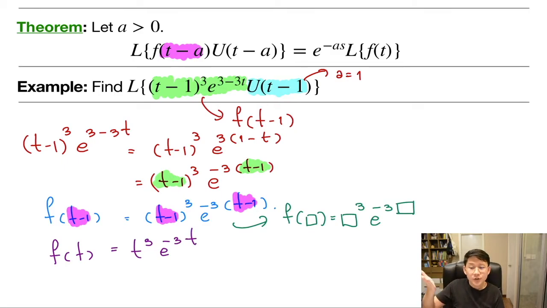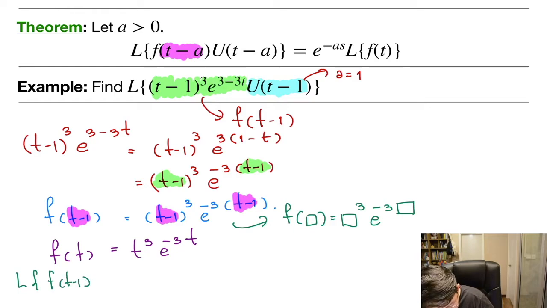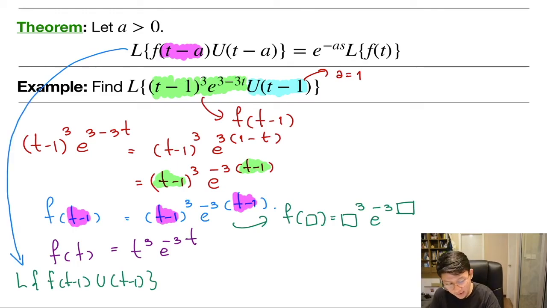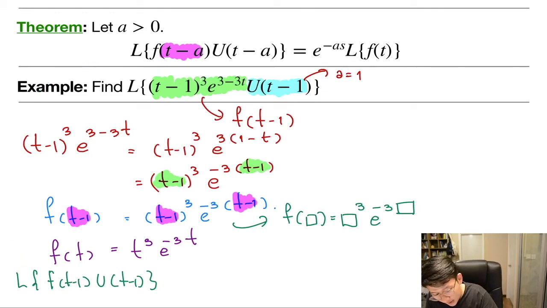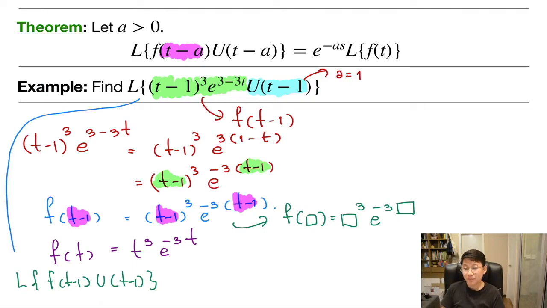So once you get f(t), you have that the Laplace transform of f(t-1) u(t-1) is actually this guy, right? Oops, sorry, not that guy, the other guy. This guy, right?